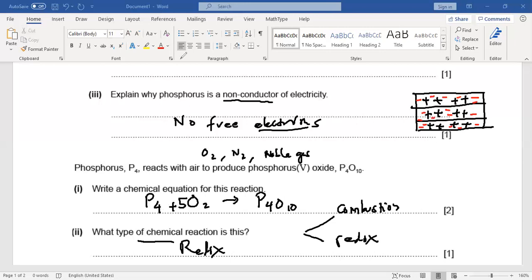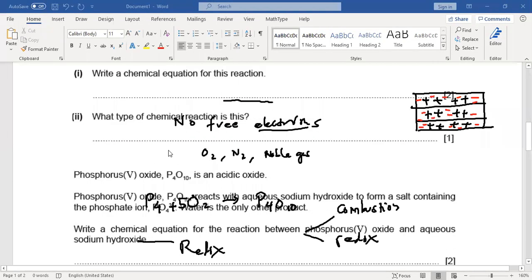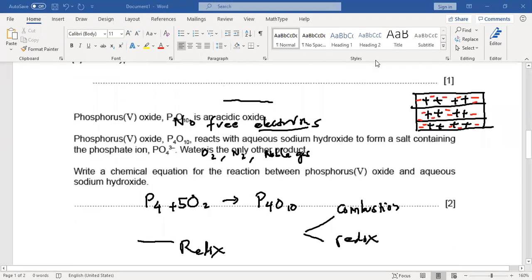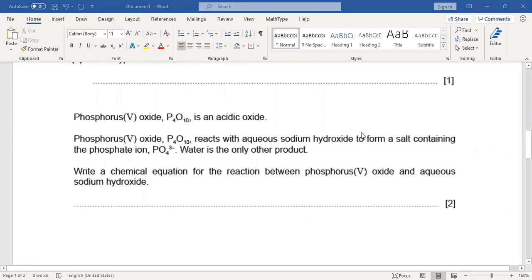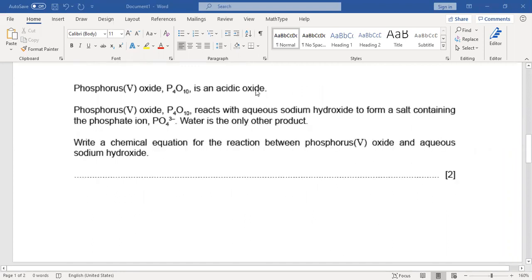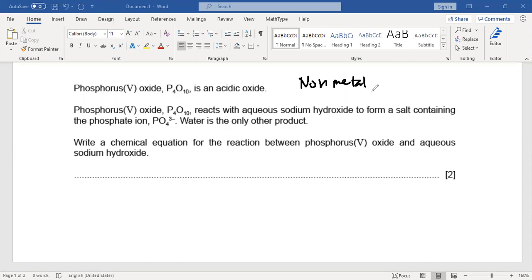Next, let me erase this one. Phosphorus 5 oxide forms an acidic oxide. I'm going to tell you, listen carefully. If you have a non-metal, this is our agreement: a non-metal oxide always gives you an acidic oxide.